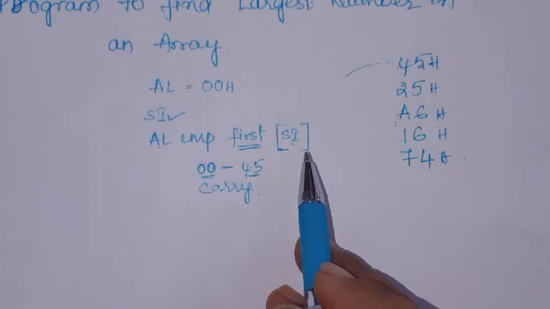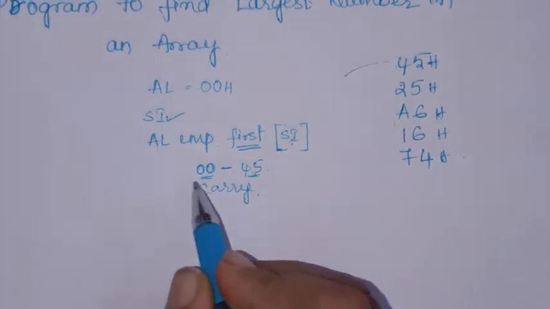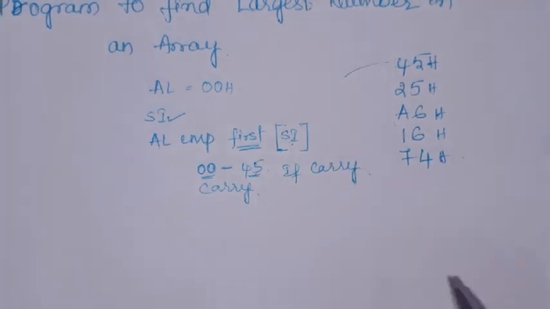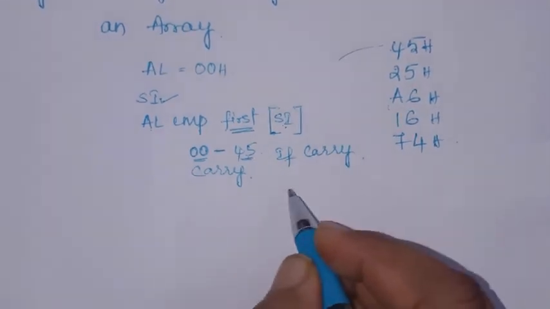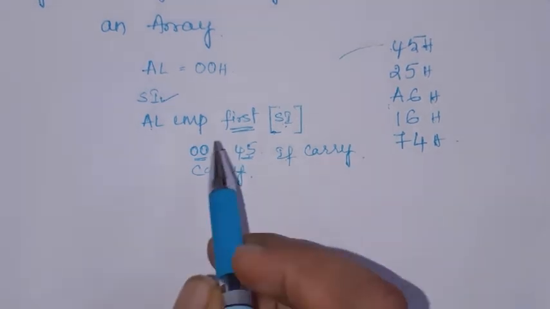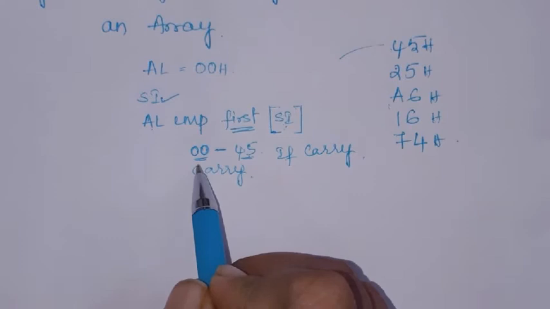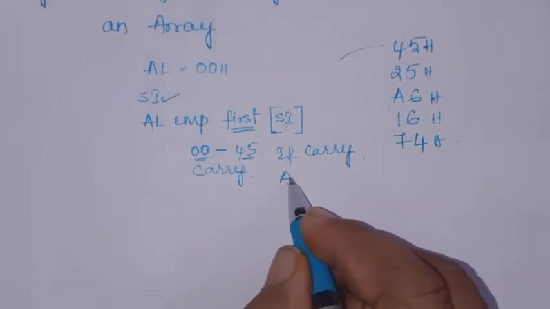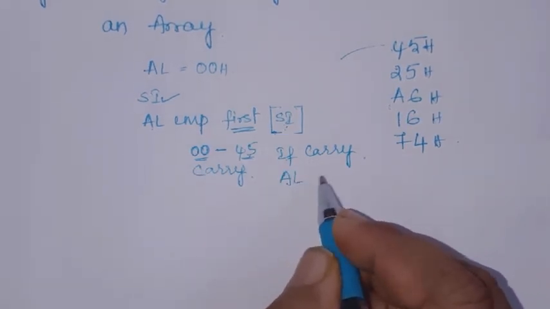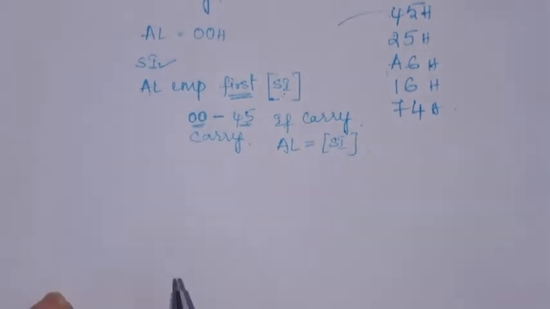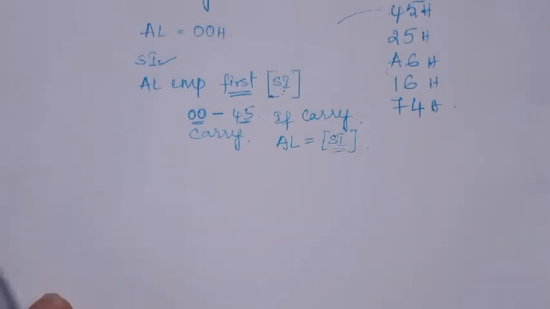We'll have conditional jump instructions we can use. Okay, so here if carry, then what we need to do is this element which is there in the array must be moved to the AL register. AL is equal to the element pointed to by SI.